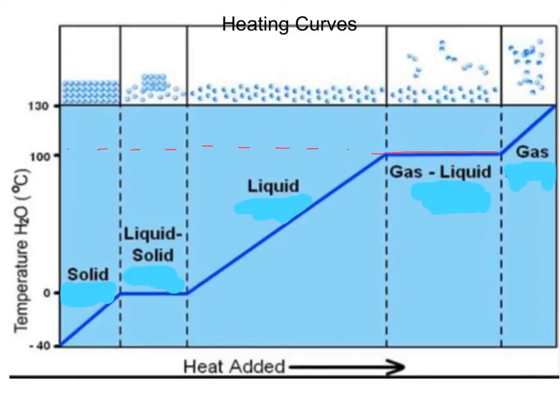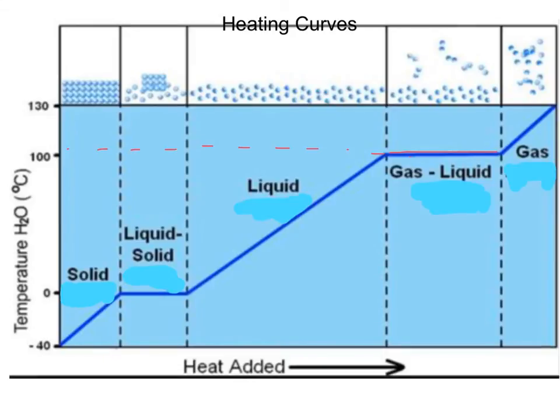Here's another question. Pick two places on this graph where kinetic energy is increasing for the particles. Kinetic energy is the energy of motion, so when the particles are speeding up, kinetic energy is increasing. Where are the particles speeding up?